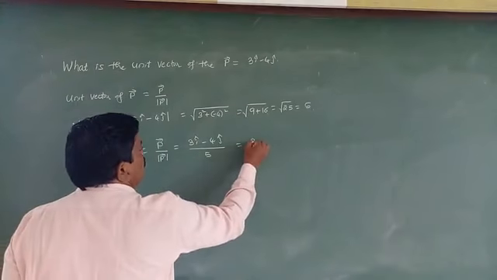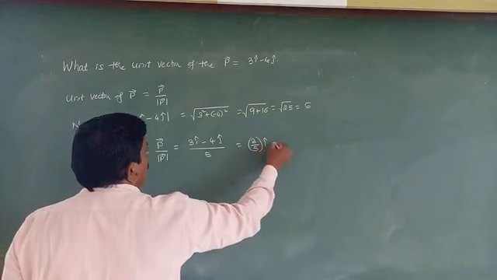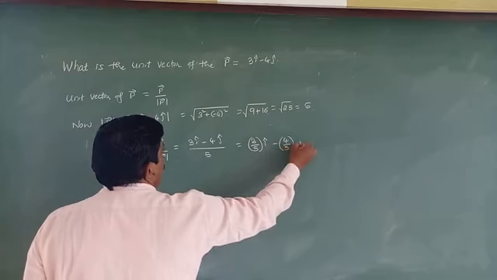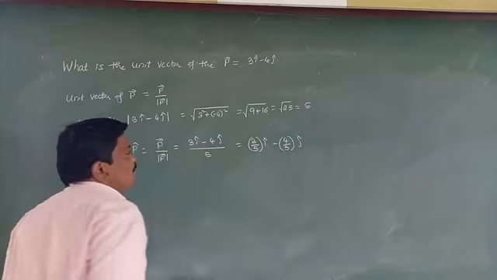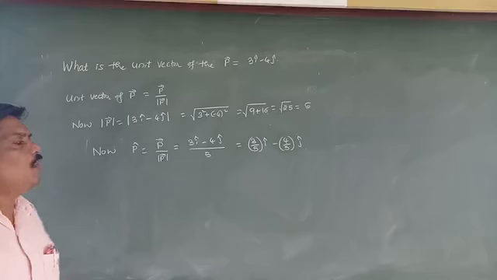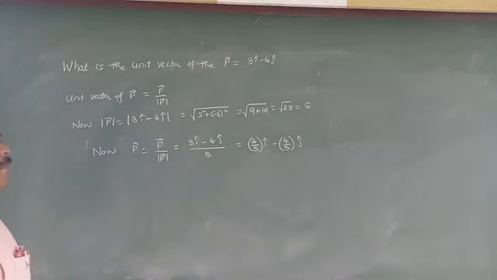So we can write 3 upon 5 i cap minus 4 upon 5 j cap. This is the unit vector of p, or the unit vector along the direction of p. Note this down.